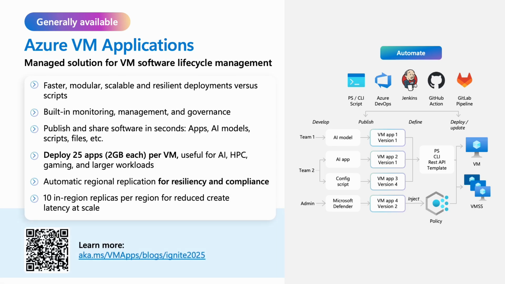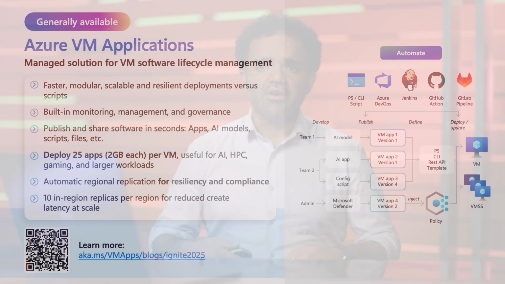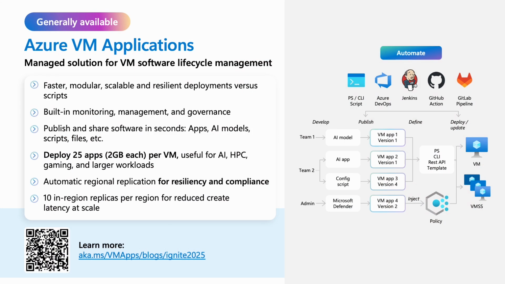Using VM apps, you can publish apps and scripts, and you can deploy up to 25 applications, 2 GB each, per VM. It gives you high resiliency and reliability because Azure manages replication for these apps and you can update them seamlessly across different VMs.